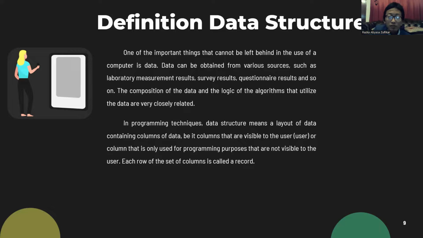The composition of the data and the logic of the algorithms that utilize the data are very closely related. In programming technique, data structure means a layout of data containing columns of data, be it columns that are visible to the user or columns that are only used for programming purposes and are not visible to the user.